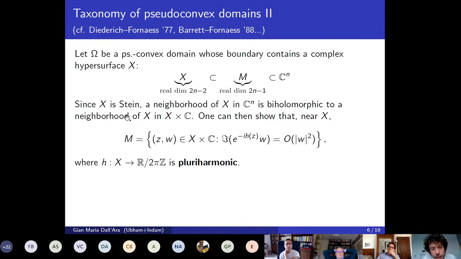When you have a complex hypersurface inside the boundary, then as a consequence of the Steinness and the Grauert theorem, essentially the tubular neighborhood theorem in several complex variables on complex manifolds, a neighborhood of the hypersurface in Cn is biholomorphic to a neighborhood of X in X cross C, so Cartesian C. In general, a neighborhood of a hypersurface will be biholomorphic to a neighborhood of the zero section in the normal bundle, but the normal bundle is trivial because the manifold is Stein.